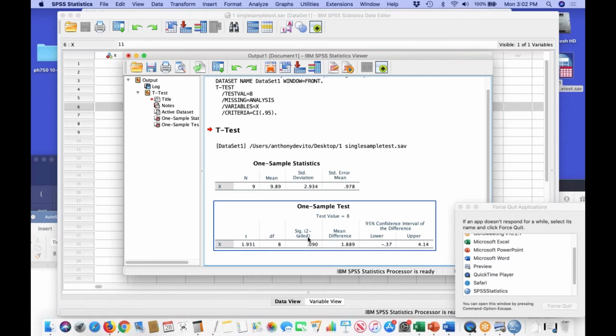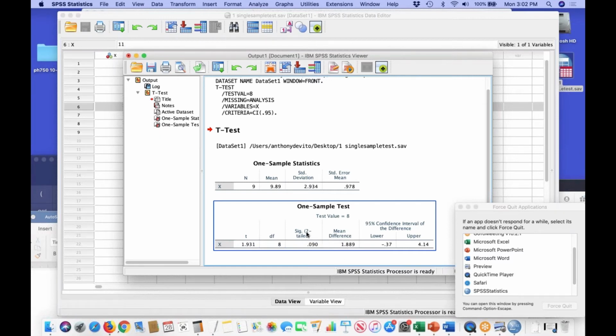In other words, we're not making a prediction about whether population A is bigger or less than population B, only that it's different. That was the line we put through the equal sign, only that it's different. So that makes it a 2-tailed test. Could be on either side of population B, either lower or higher, but we're not prejudging that.